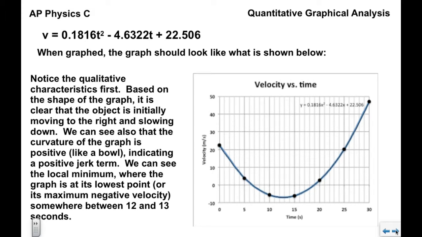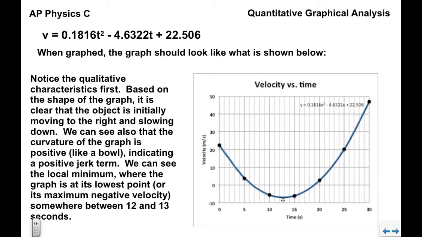Now, we'll notice the qualitative characteristics first. Based on the shape of the graph, it's clear that the object is initially moving to the right and slowing down. That's this portion here. We can see that the curvature of the graph is positive, like a bowl, which indicates the positive jerk term that we see up here. We can see the local minimum, where the graph is at its lowest point.